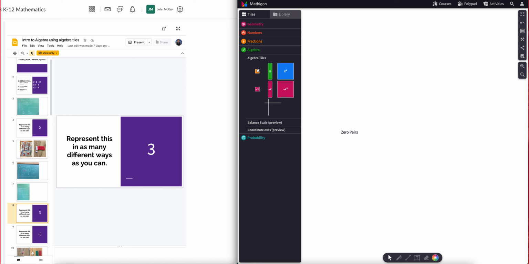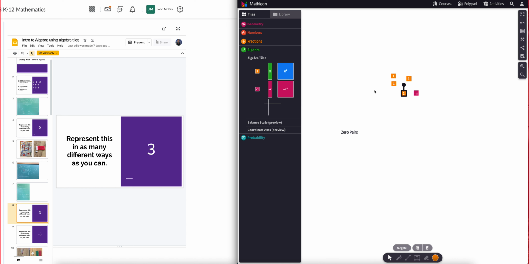So I think everybody should just jump in. The easiest one to do is to represent 3 in as many ways as you can. Why can't you just go like this? That's okay. But wouldn't there also be another way? Why couldn't I just go like this? That's still 3.